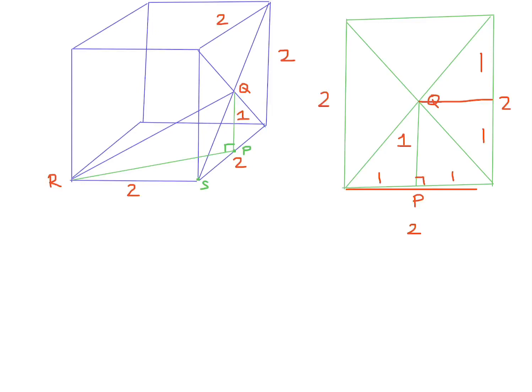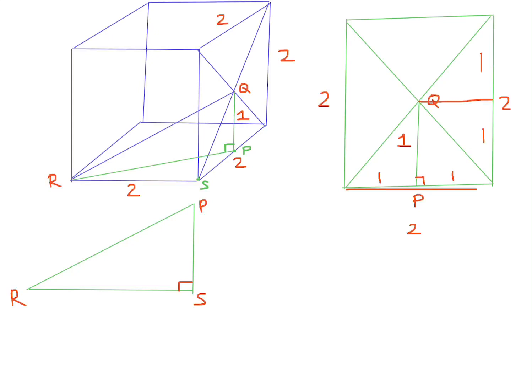The length of QP. Now let's turn our attention to this triangle right here, RPS, that one right there. And I will draw it out a little bit bigger. So this is RPS, let's label it RP and S. And this is, of course, a right triangle.